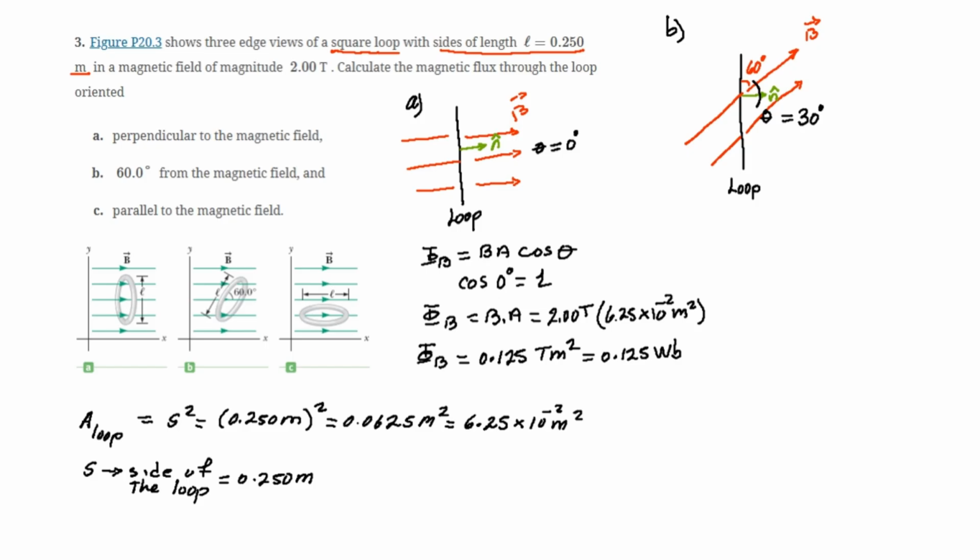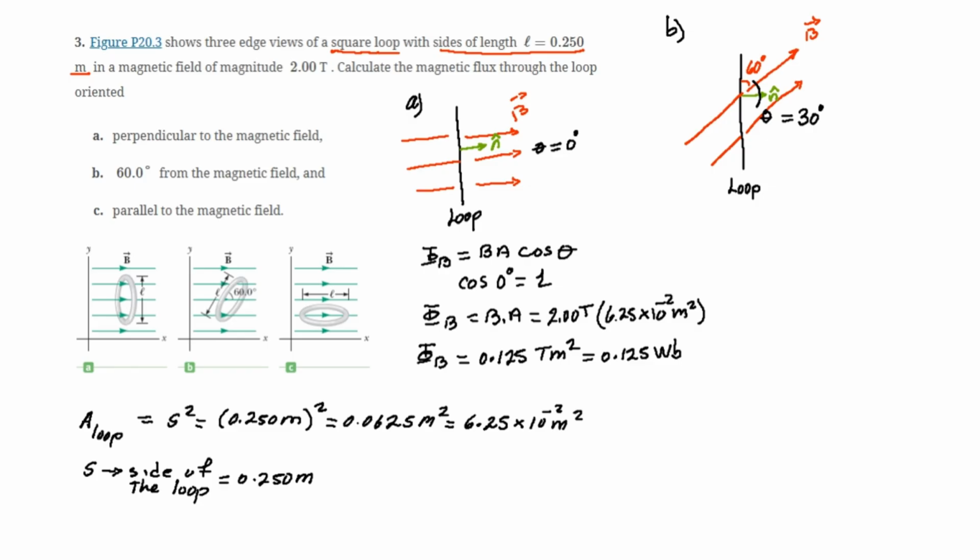So if 60 is the angle between the area of the loop and the magnetic field, then the angle between the perpendicular to the area of the loop and the magnetic field, which is theta, is the complement of 60, is 30 degrees. That could be confusing, because if you use 60 degrees to calculate the magnetic flux here, your answer will be wrong. So you have to use 30 degrees, because theta is the angle between the magnetic field and the normal to the plane of the loop.